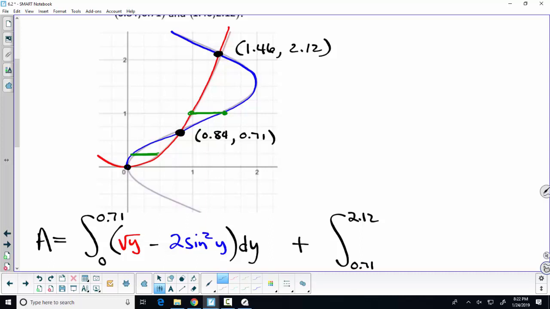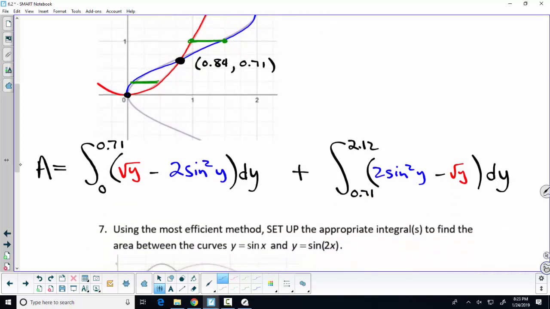So now we have 2 sine squared y minus root y, dy. So there's our setup. Do you have any questions on that?